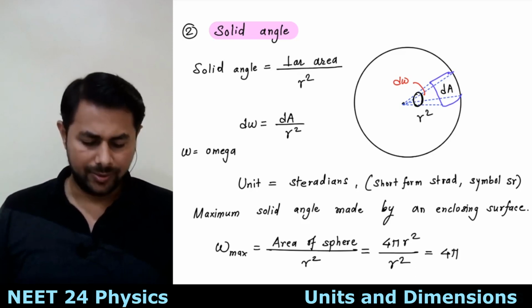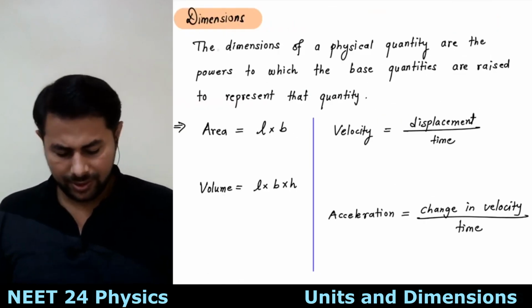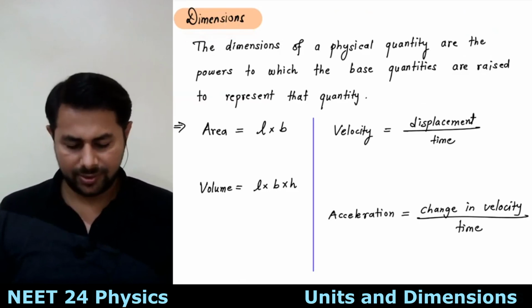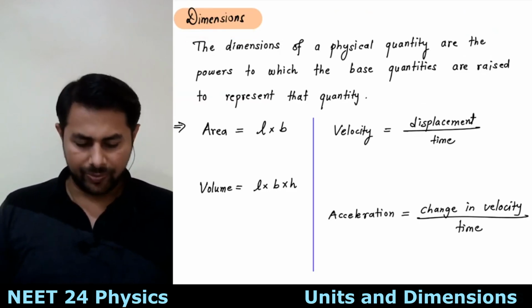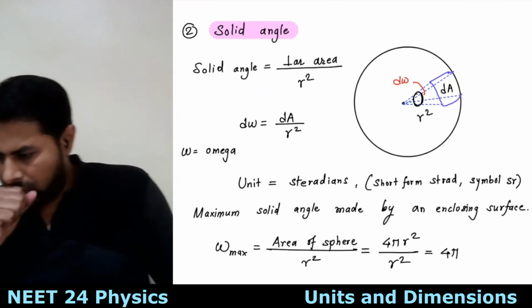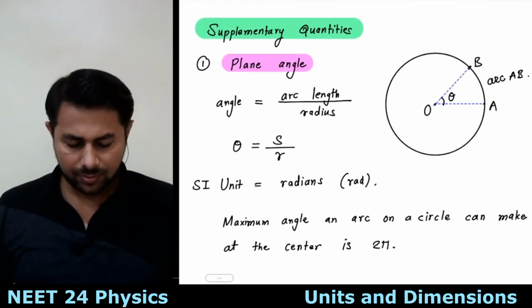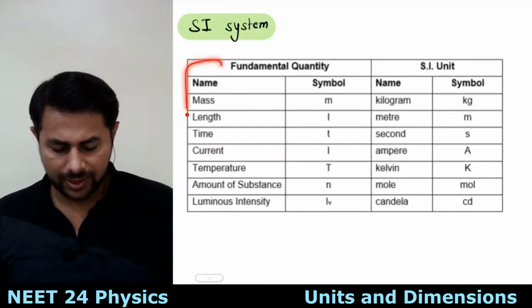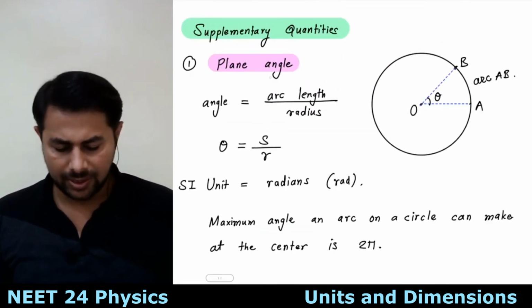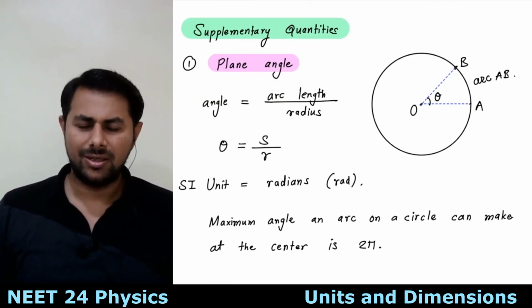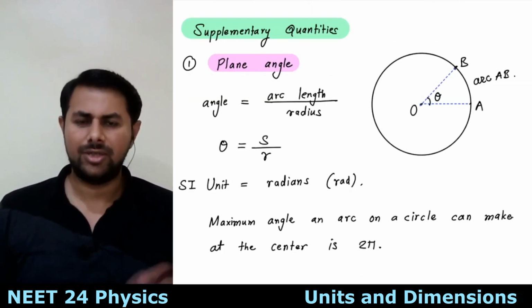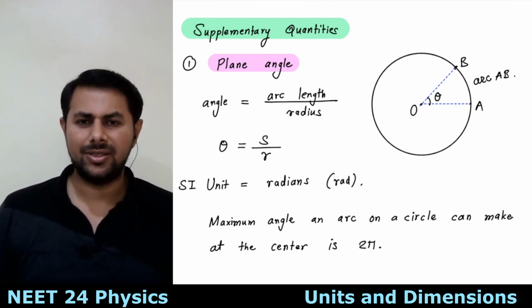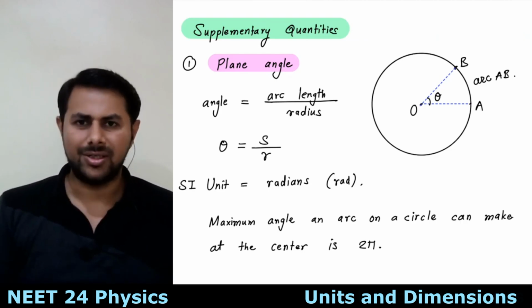Okay, good. Next, let's see dimensions. Now we saw that there are 7 fundamental quantities and 2 supplementary quantities in the SI system. So there should be a way to connect these quantities with the derived quantities.